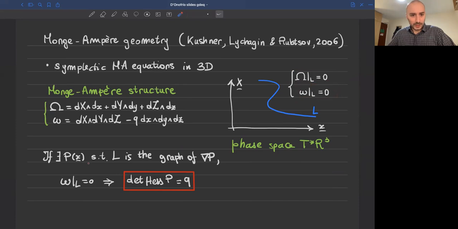And I want to point out that if there exists some function p of lowercase x, this is lowercase x, right? If there is some function p of lowercase x such that L is the graph of its gradient, okay, the gradient is going to be, as we have seen, a map from this space to this space, right?